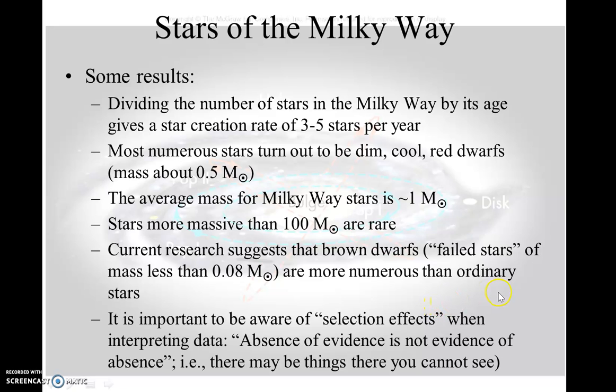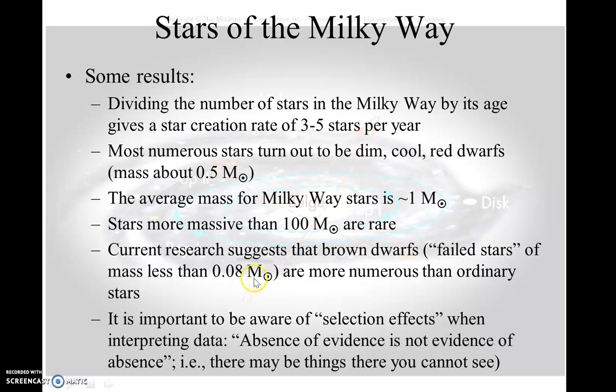All right, so on average, most stars are not the mass of the sun, but the overall average is roughly the mass of the sun. This is an interesting point. In fact, there are people who devote their careers to studying these so-called brown dwarfs. These are what are considered failed stars, and we're finding more and more of these out there in the Milky Way as time goes on.